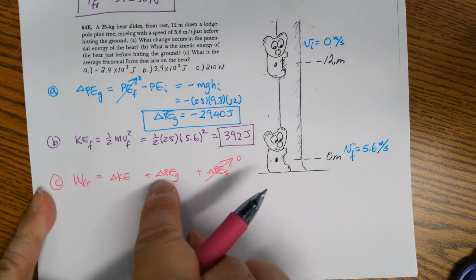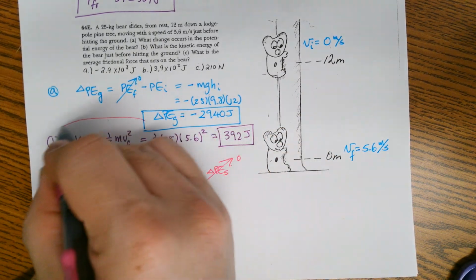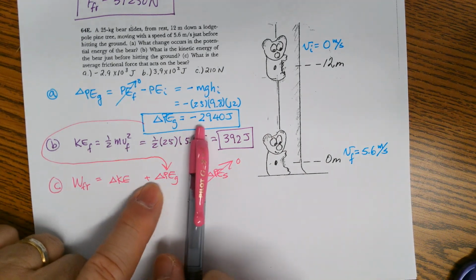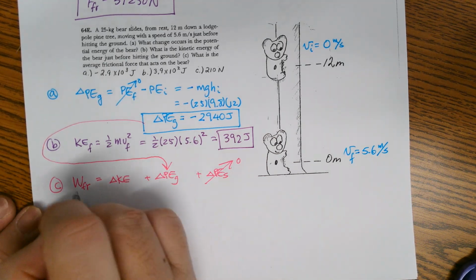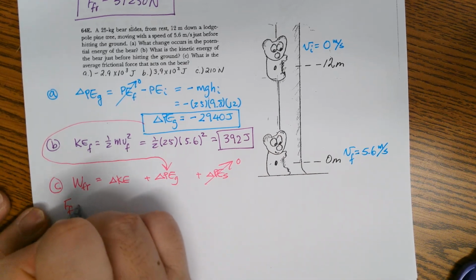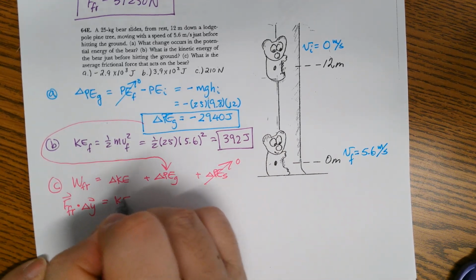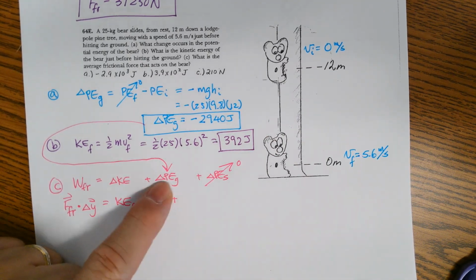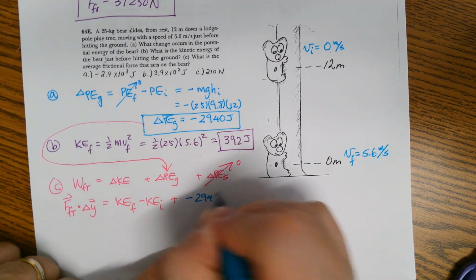We already know the change in potential energy gravitation is negative 2940. So work done by friction, force friction dot delta y, is equal to kinetic energy final minus kinetic energy initial plus negative 2940.